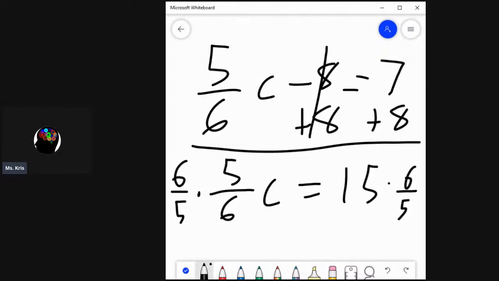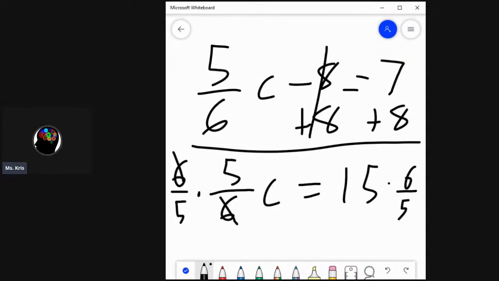So now, if I multiply by the flipped fraction, 6 times 5 is 30, 5 times 6 is 30. 30 over 30 will give me 1. Or simply put, if I have a 6 in my numerator multiplied by a 6 in my denominator of a second fraction, those can cancel.